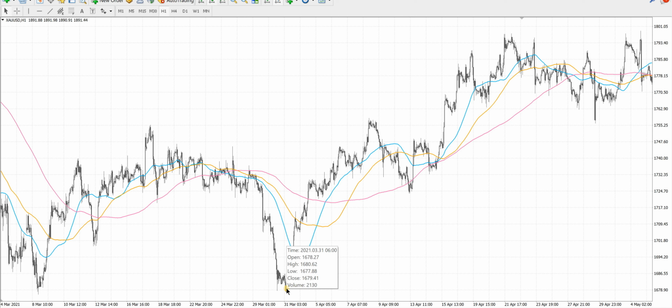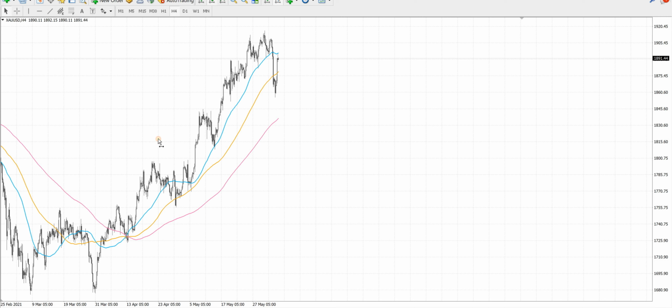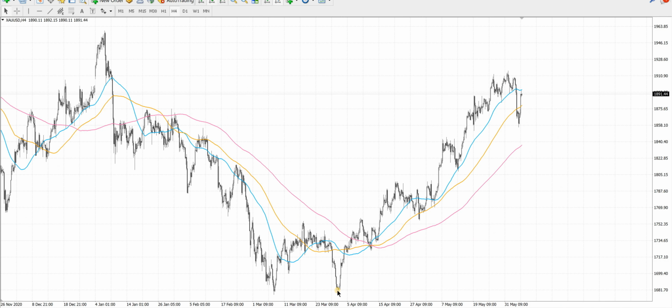which you then have to figure out where the strong downward movement ends, we then look at our patterns instead of just relying on the SMAs. So let's zoom out a little bit.